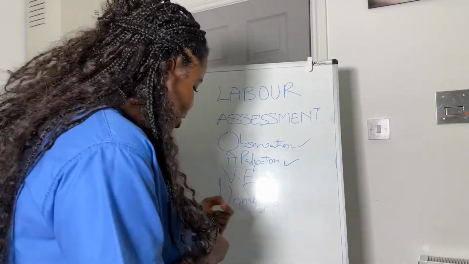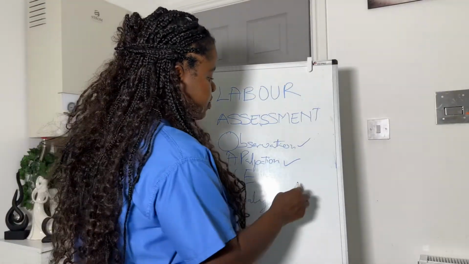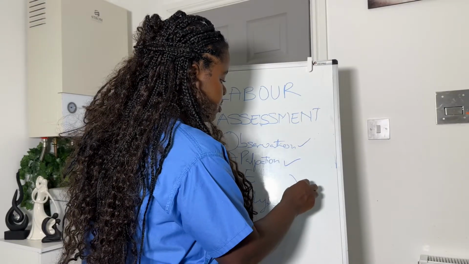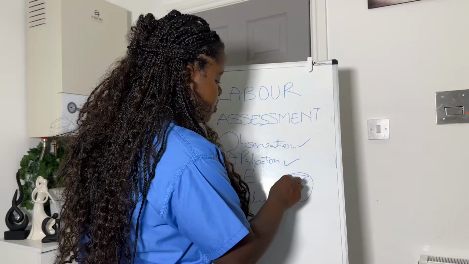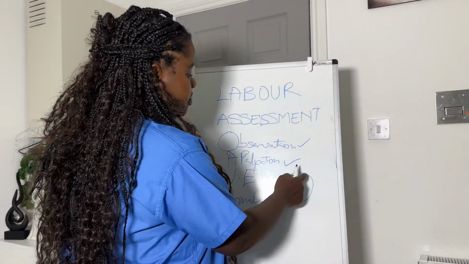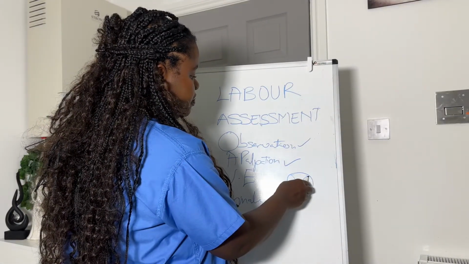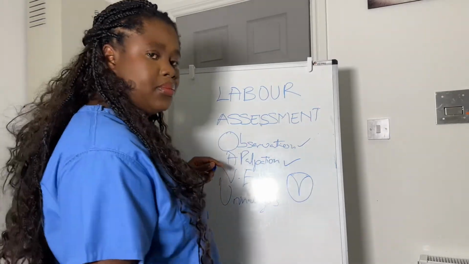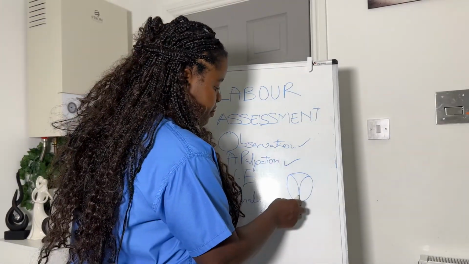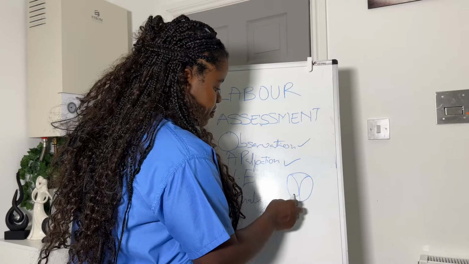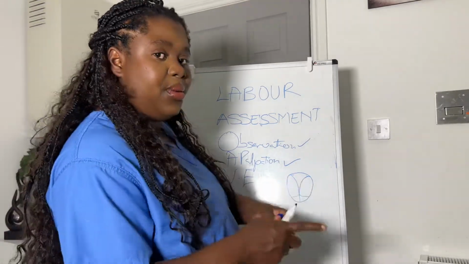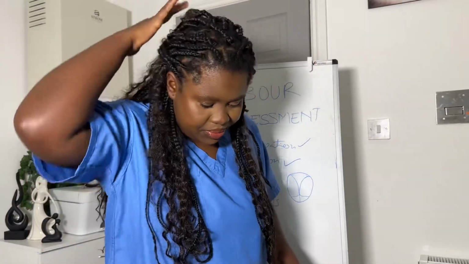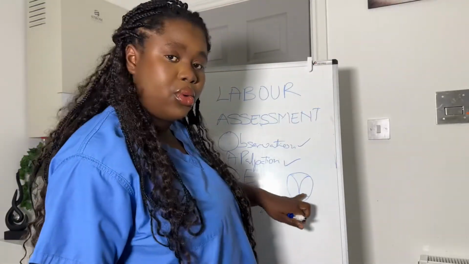Often at times people get confused with fetal head position. This is the head. If we are to check the side of the baby, this is how the bones are in alignment.